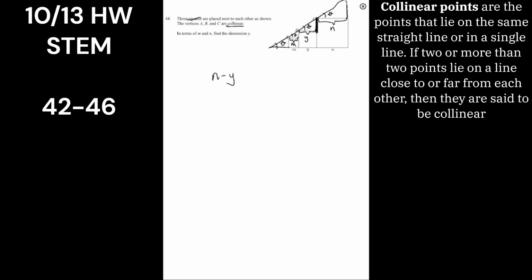And to find y, we need to do tangent. So this is n minus y, that's the opposite, and we're going to do tan theta equals opposite over adjacent. So that's the opposite, the adjacent is y. Tan theta equals... this cancels.